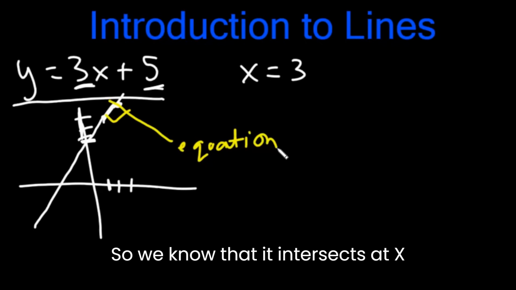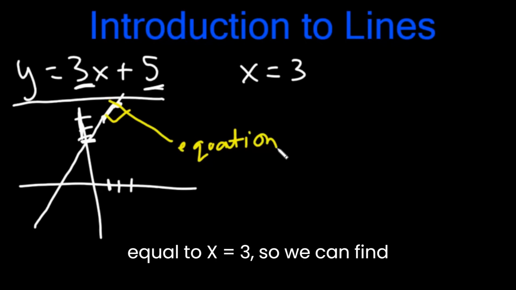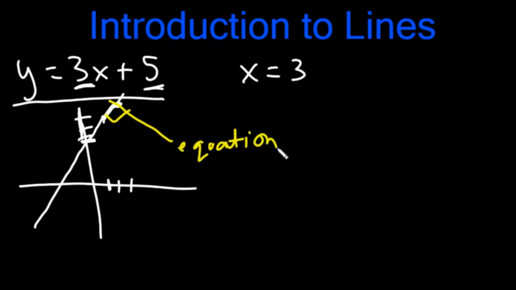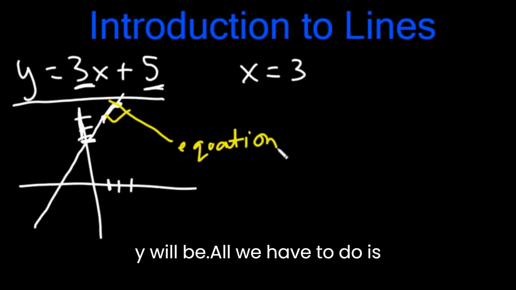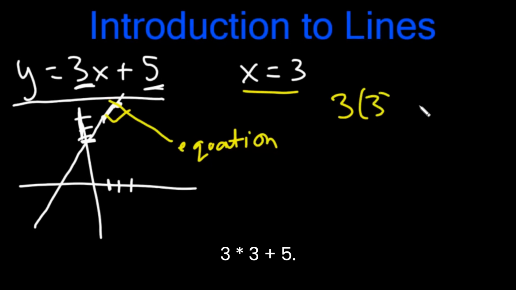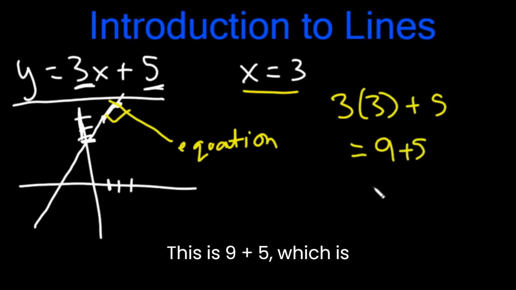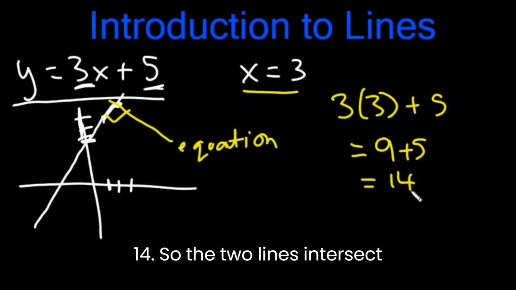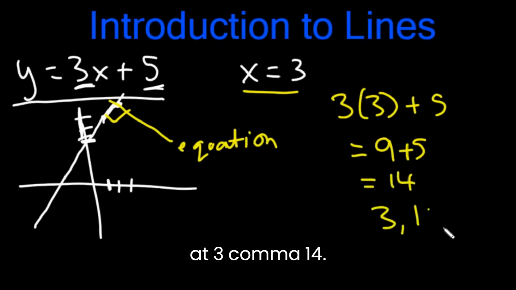So, we know that it intersects at x equals 3. So we can find what the y is. All we have to do is plug in the x. So the y will be 3 times 3 plus 5. This is 9 plus 5, which is 14. So the two lines intersect at (3, 14).